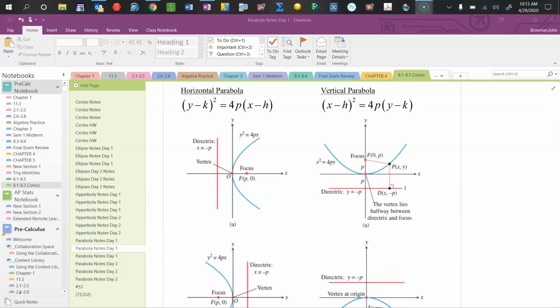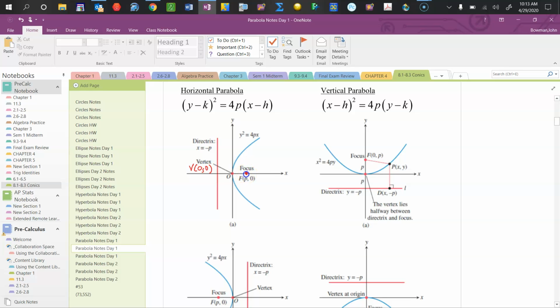So what I'd like to do first is to go back to that definition of the set of all points equidistant from a given point and a given line. And the given point is the focus, and the given line is called the directrix. So let's take a look at this parabola that has a vertex at the origin over here and opens to the right.